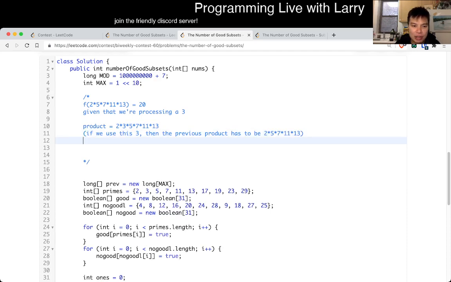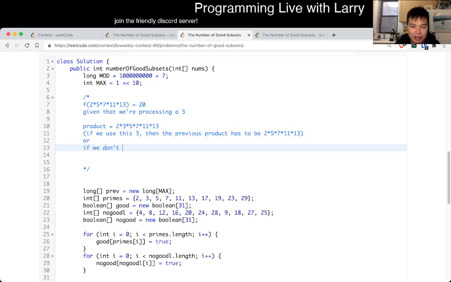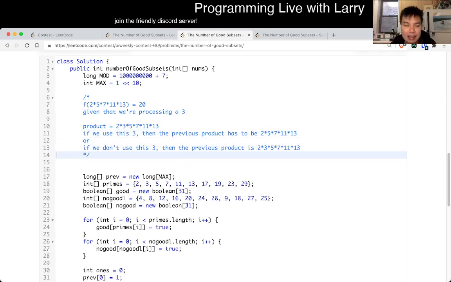Or if we don't use this 3, then the previous product is just the same, right? Which is this thing. So then now we just sum the number of counts. So that's basically the idea behind this one.